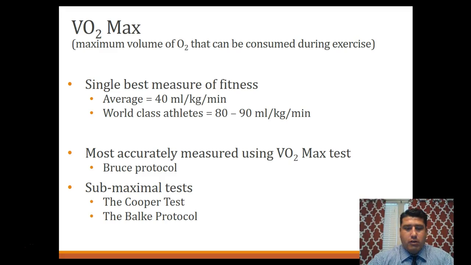So in a Bruce protocol, someone would get onto a treadmill and perform a test in which, every 3 minutes, the speed and the incline of the treadmill increase. You're starting at rest.